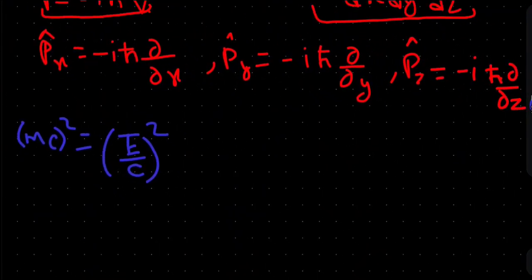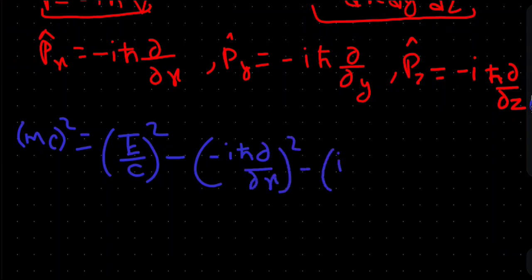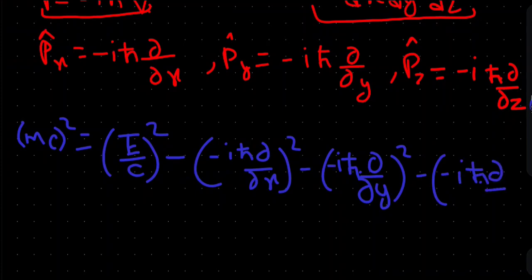Okay, so now let's see what will happen. Then our sign convention is negative, and then negative iota h bar del by del x whole square, negative iota h bar del by del y whole square, negative iota h bar del by del z whole square.